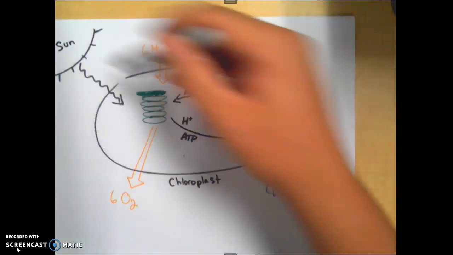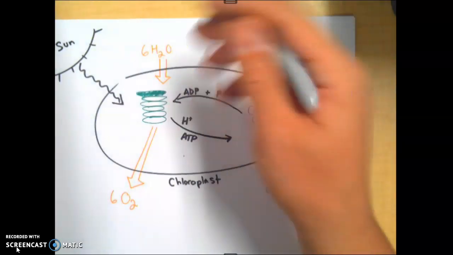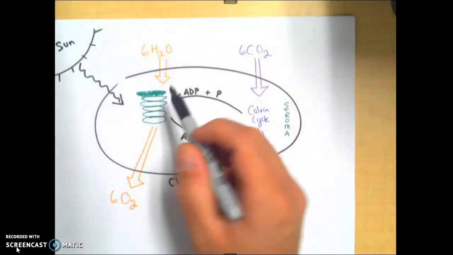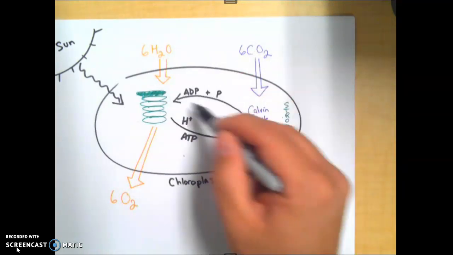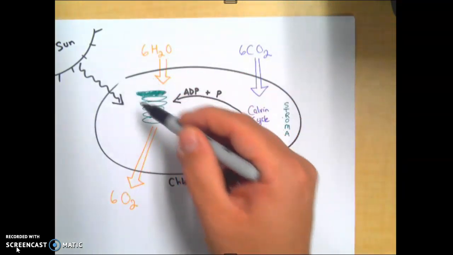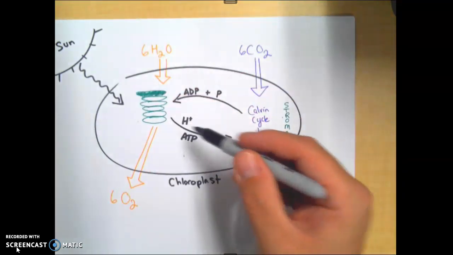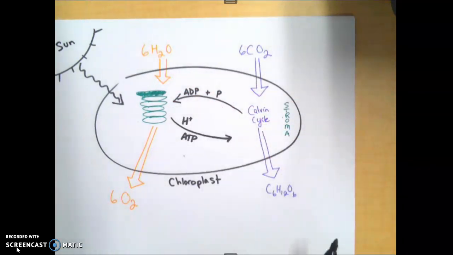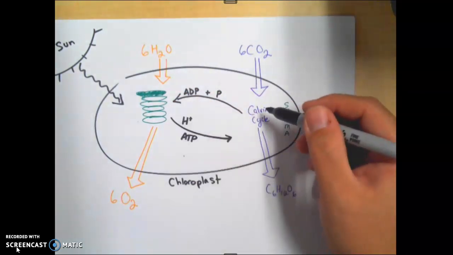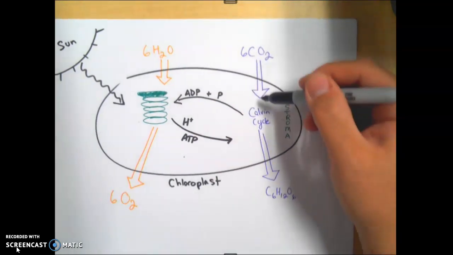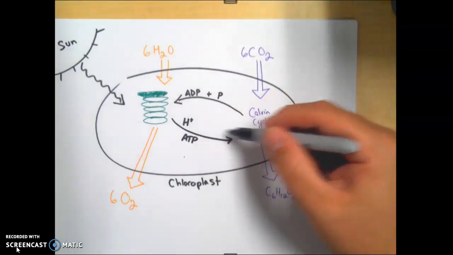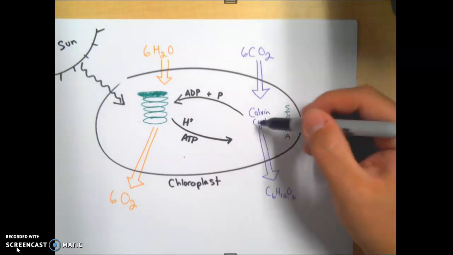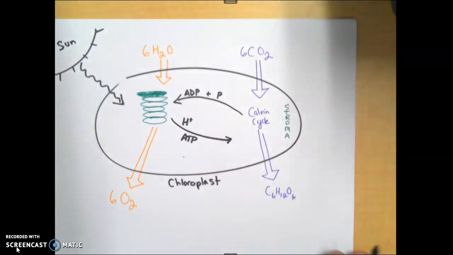And the light will then hit the grana again, or the thylakoid, and that chlorophyll releases some electrons. All that will start putting this back together. The process begins. We release ATP and hydrogen ions, and we go back to Calvin's cycle. Calvin's cycle brings in the carbon dioxide with the hydrogen ions that were carried over, and it spits out glucose when we've got enough of it.